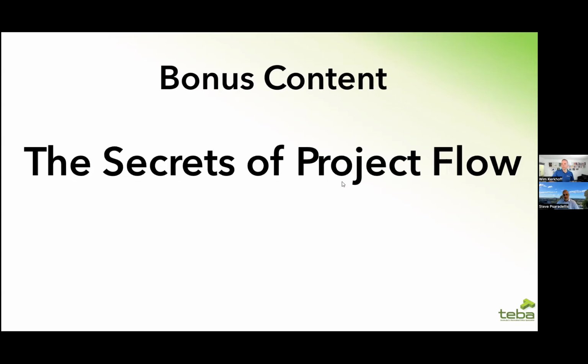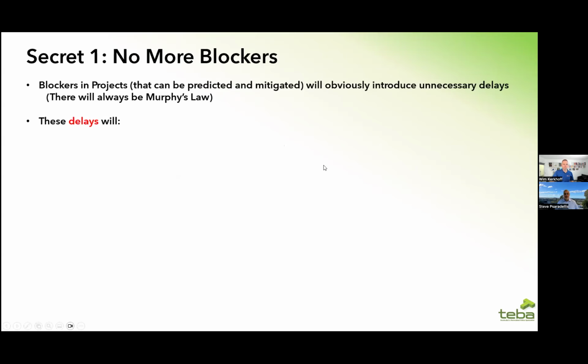So here's a couple of extra secrets of project flow. Elliot mentioned this: blockers. What happens is that blockers in projects, ones that you can predict and mitigate, obviously, create all this unnecessary delay. And as you can see, there's always going to be Murphy's Law.